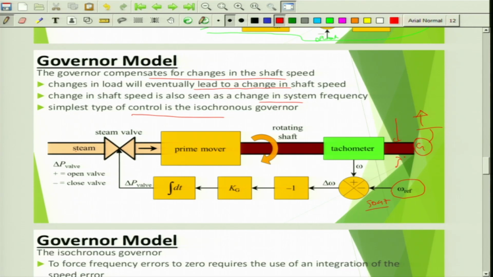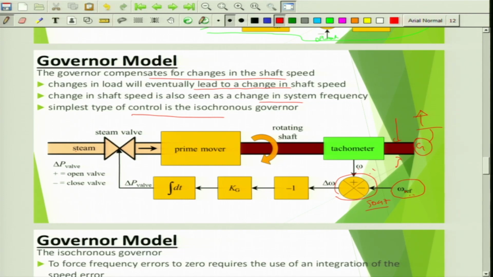If there is a load connected to this generator output, because there will be electromagnetic torque, opposing torque, it will try to pull the frequency down because speed is decreasing now. If there is an increase in load, speed will decrease, because of which there is a difference created from the nominal value, right.